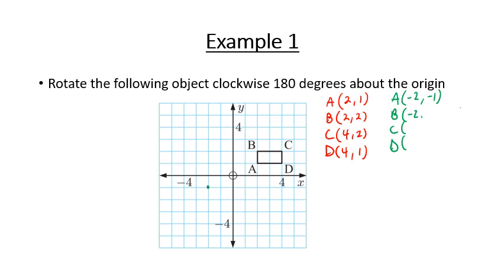B should be minus 2, minus 2, which will be here. C should be minus 4, minus 2, which will be here. And D should be minus 4, minus 1, and that'll be there. And then we can draw that, and there's our rotated object where we've got A, B, C, and D.